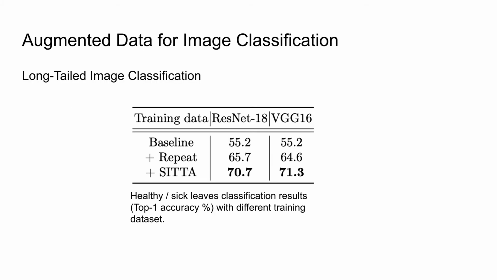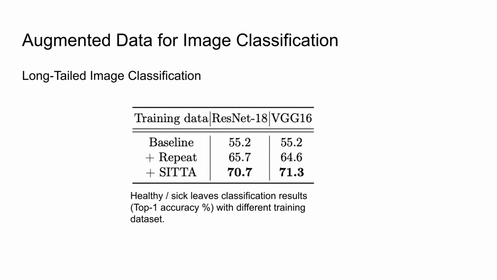In this section, we use Sita to translate the texture from the few sick leaves to the healthy leaves to obtain more sick data. We use the Plant Pathology 2020 dataset that provides data covering a number of categories of foliar disease in apple trees. We select healthy and multi-disease classes as healthy and sick and randomly flip the dataset for training and testing.